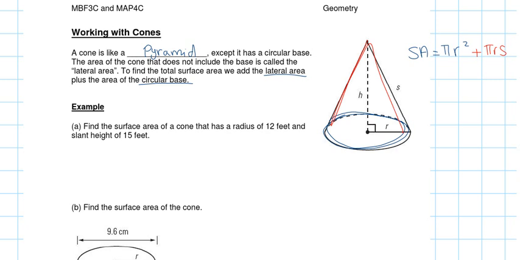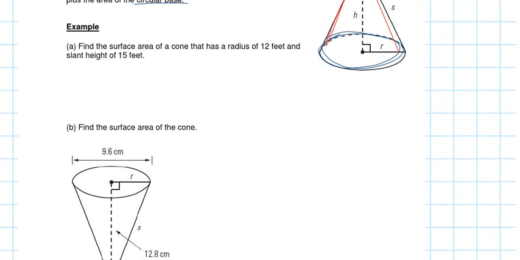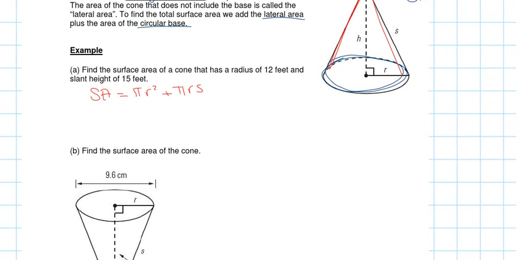Find the surface area of a cone with a radius of 12 feet and a slant height of 15 feet. I just use the formula and I plug in the information. My radius is 12.